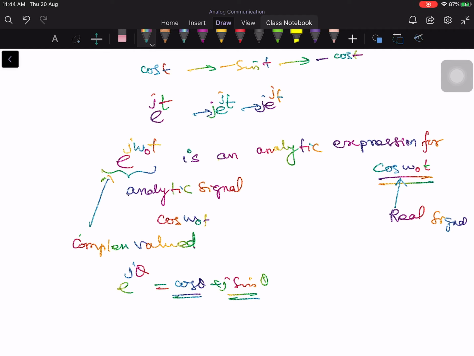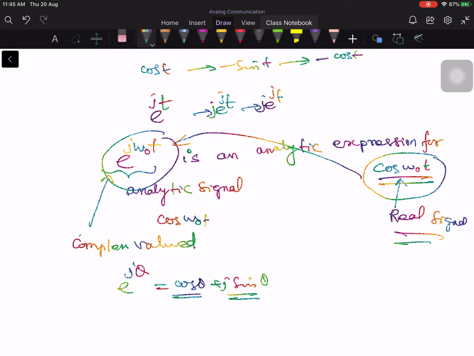Why do we need this analytic expression? Because handling of analytic expression is much easier than the real signal itself. That is why we move from cos omega naught t to e to the j omega naught t. Here cos omega naught t is real, e to the j omega naught t is a complex valued function.